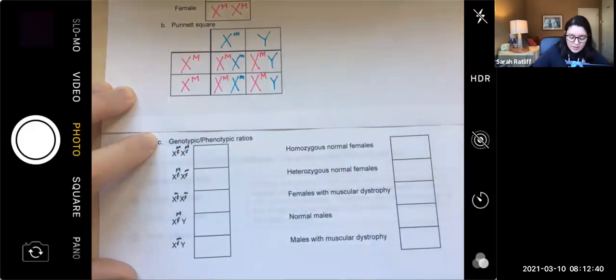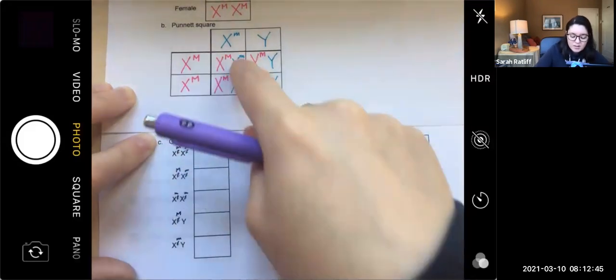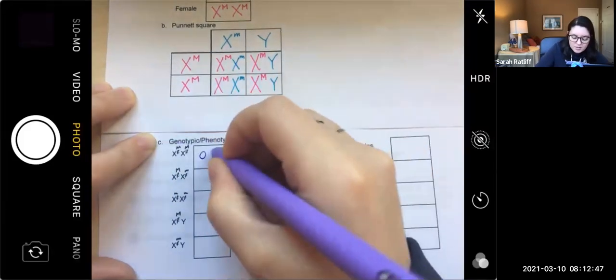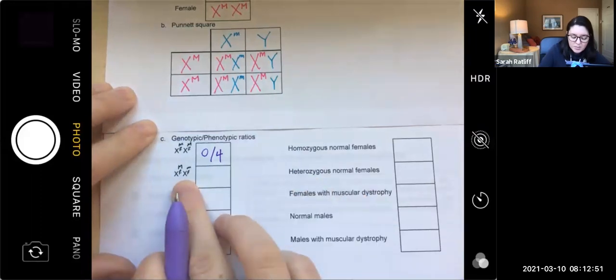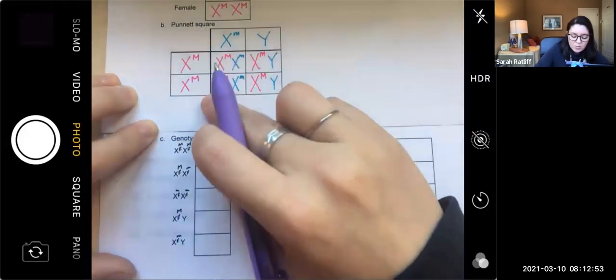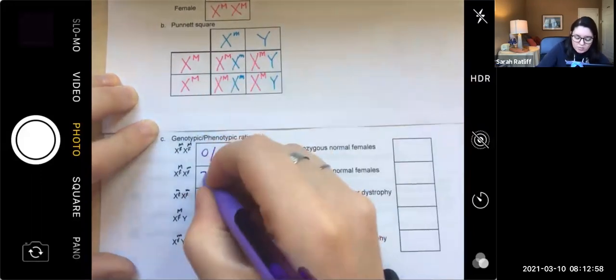So first up, we have a homozygous dominant female. So looking at our 2 females, neither of them are homozygous dominant. Then we're going to look at our heterozygous females. Our 2 females, they each get 1 big M from mom and 1 little m from dad. So we have 2 of those.